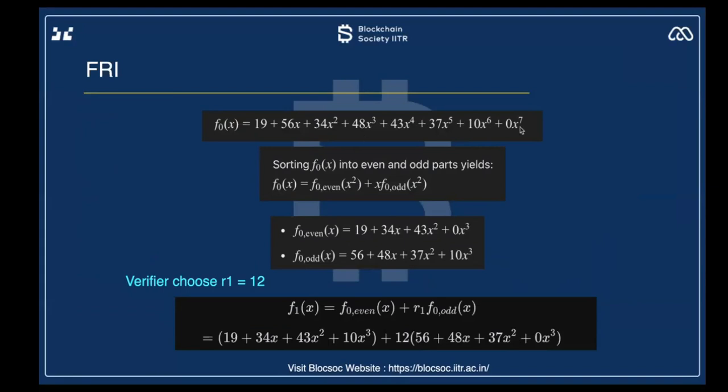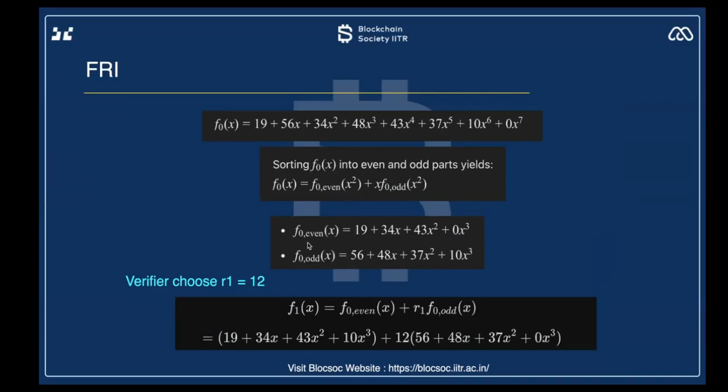Let's assume this is a polynomial on which we have to prove the upper bound of the degree. We can represent this polynomial in the form of its even part and odd part. So f of x equals f of even x square plus x into f of odd x square. Here f of even represents those terms in which the degree is even.